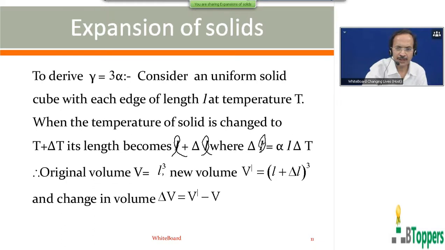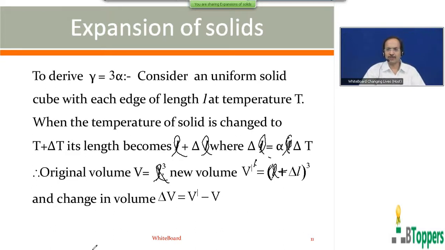So delta L can be written as alpha and original length L into delta T. So original volume V can be written as small l cube. New volume V dash is equal to L plus delta L whole cube. And change in volume denoted by delta V, you can write V dash minus V.